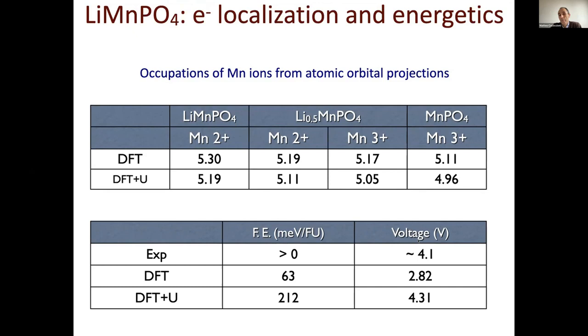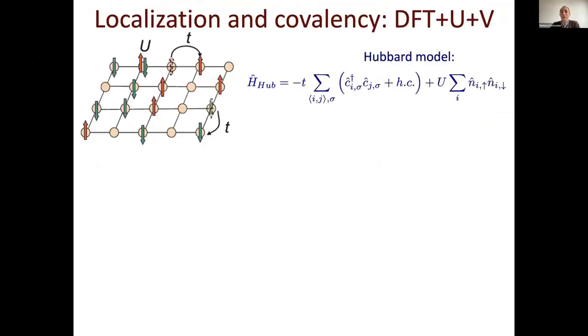Basically, it turns out that manganese compared to cobalt features more hybridization, a more pronounced hybridization with the surrounding oxygens. So localization is not an atomic affair anymore as it was before, and you need to capture this more pronounced hybridization with oxygen.